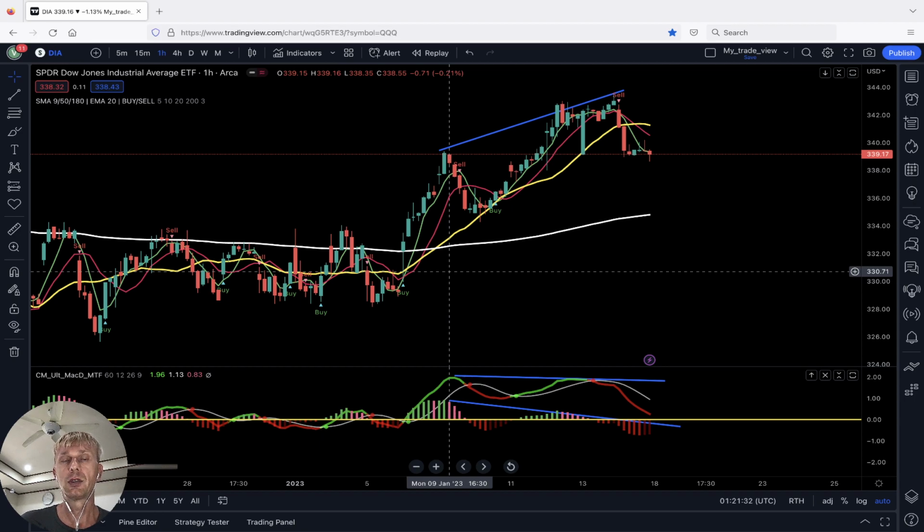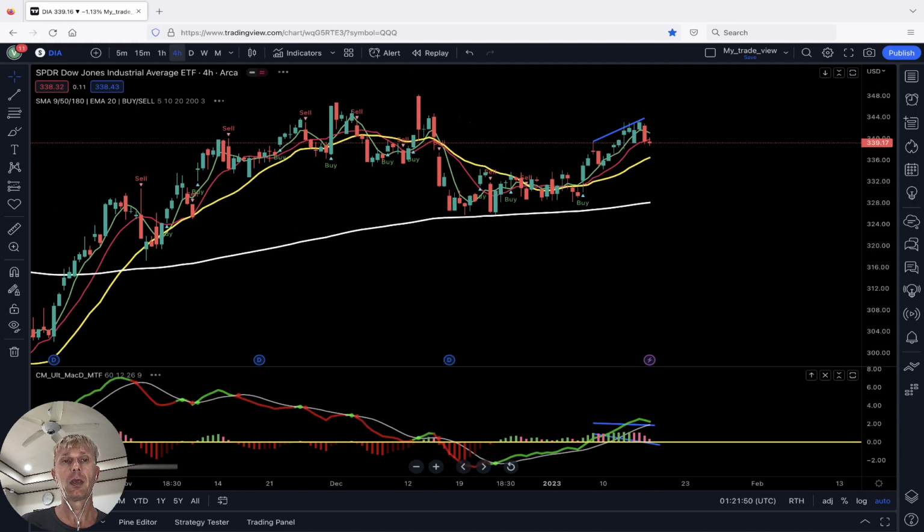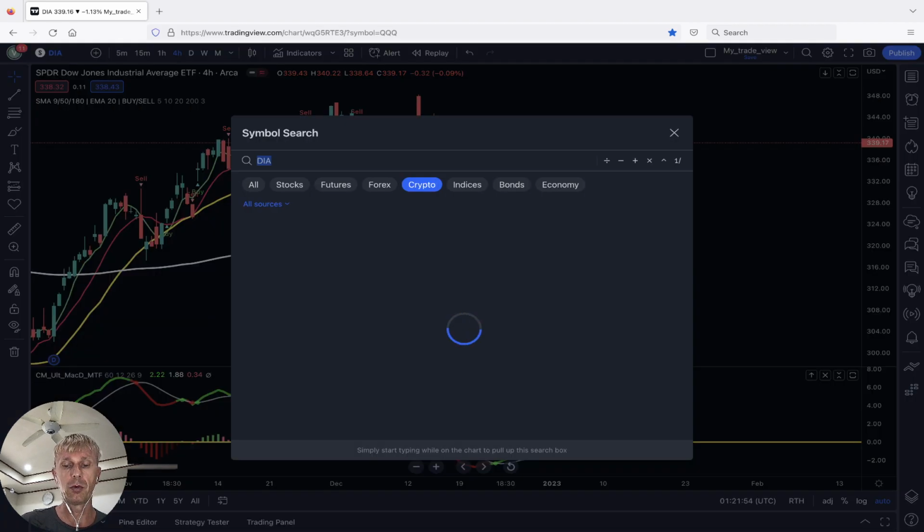We don't know yet if it's going to be a short-term correction or a large correction on the 4 hours and daily time frame. So far it's only on 1 hour bearish direction and 4 hours ready for bearish crossover also. Daily still bullish. Let's move to IWM.